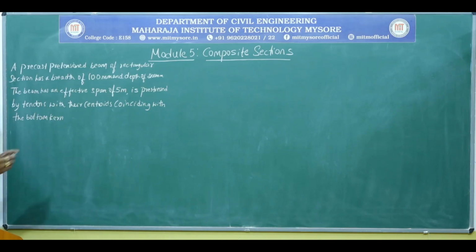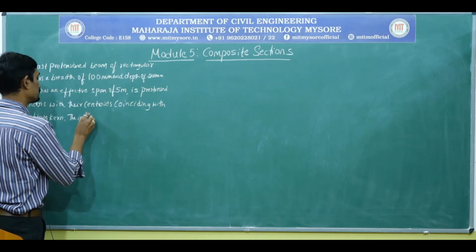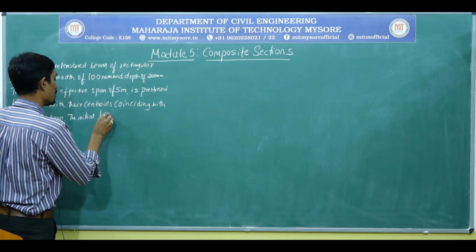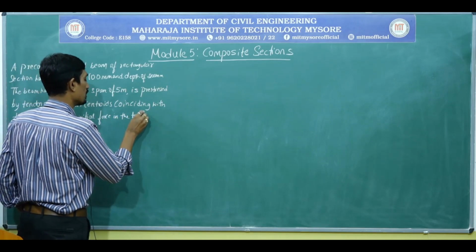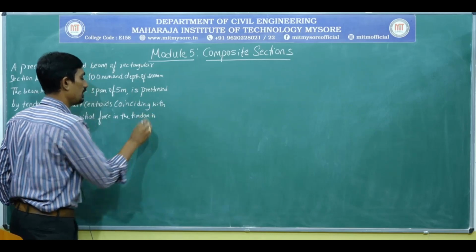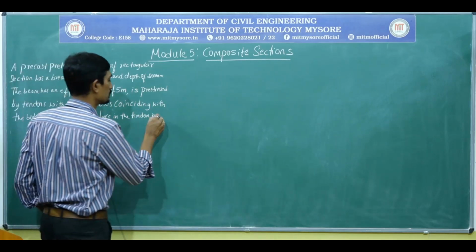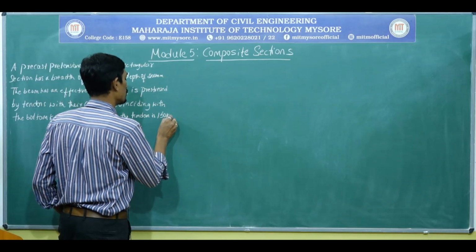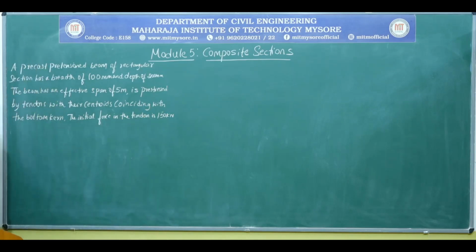The initial force in the tendon is 150 kilonewton, okay, 150 kilonewton.